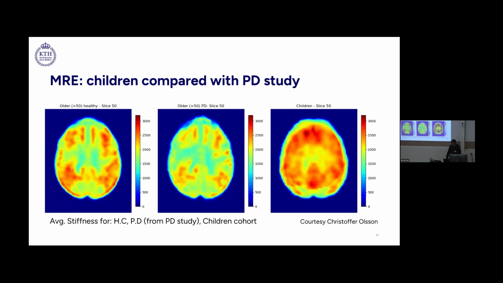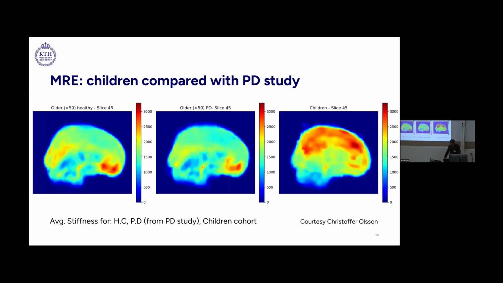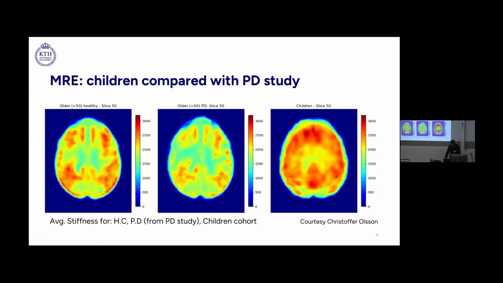So these are the healthy cohort of the Parkinson's study that are 50 years old or older. And these are the children that are at most 13. So then you see that the children's brains are way stiffer. Yeah, this is the same, but in another plane. And then, of course, here you can see that the brains of the patients are also way softer.